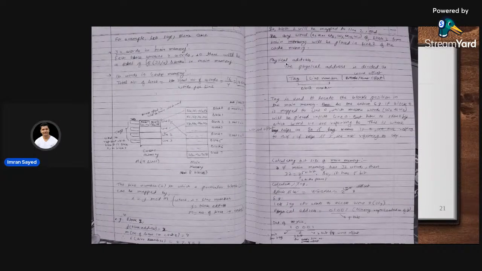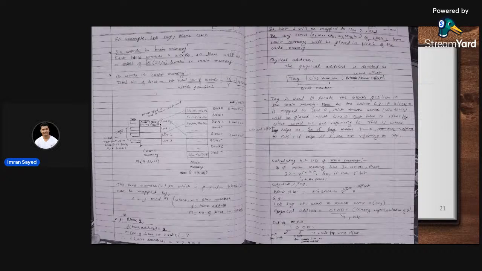Now there's also something called the physical address. The physical address is divided into tag, line number, and word offset. Now what are these tags? You can see on the left hand side you have some tags here, which are used to represent which block it is, for example block 0 or block 4. Which block are we talking about?